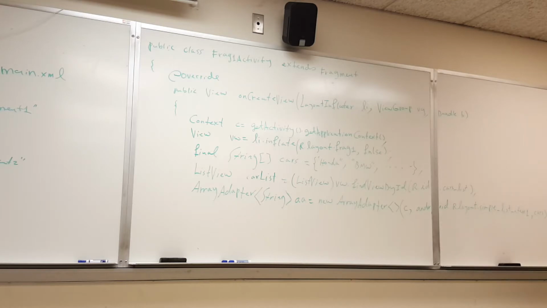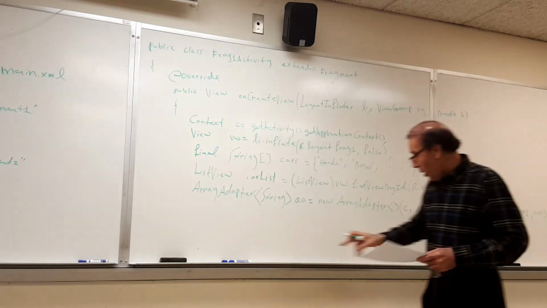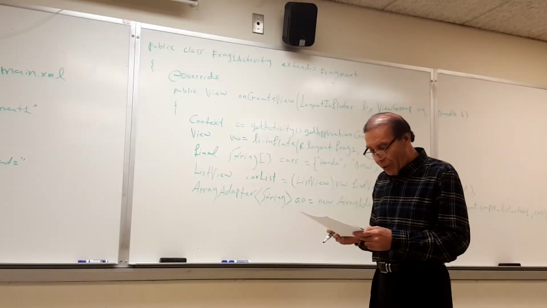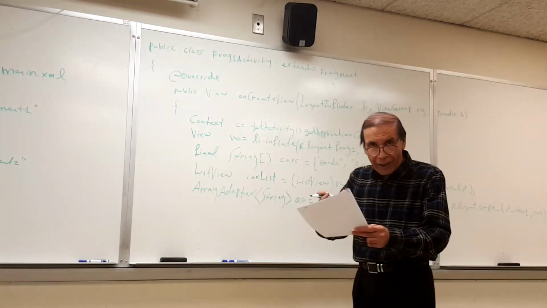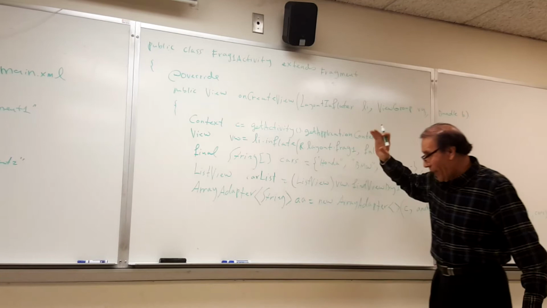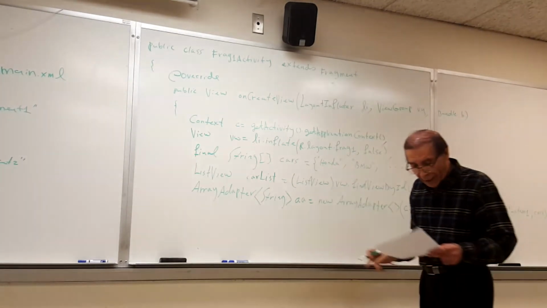Does anybody here know what that is? It's already defined. We didn't define it in any of our XML files. It's already made, so we just use it. Now we made the object of the array adapter, and now we're going to put them together, which means connecting our list view with the array adapter.